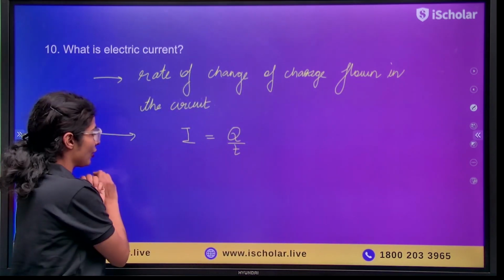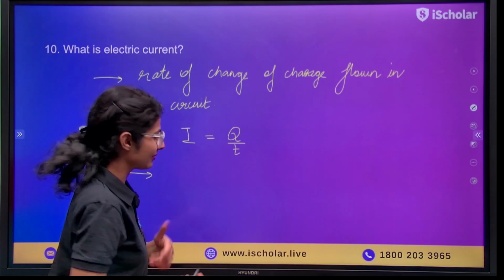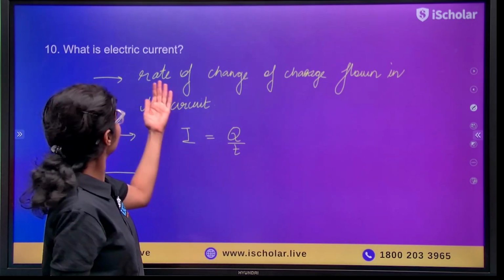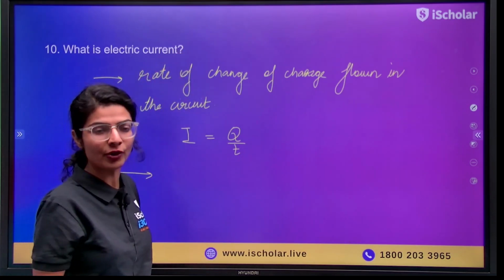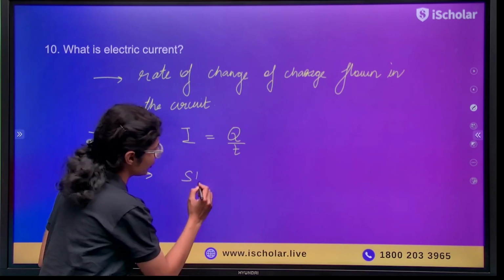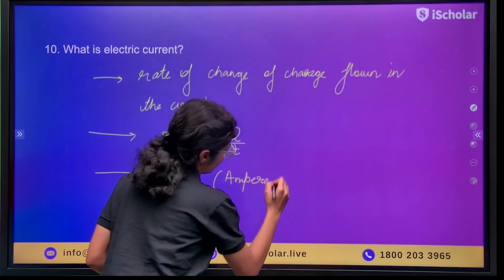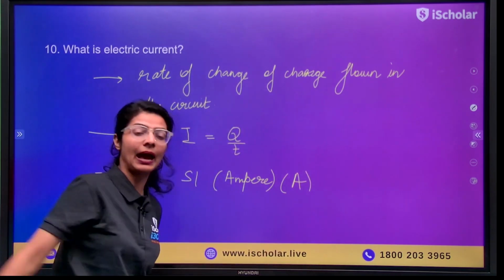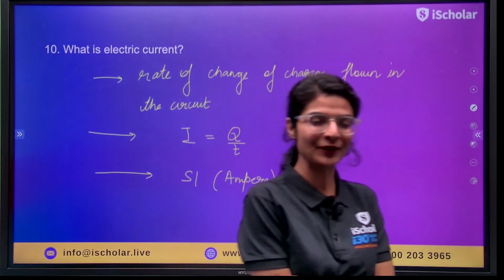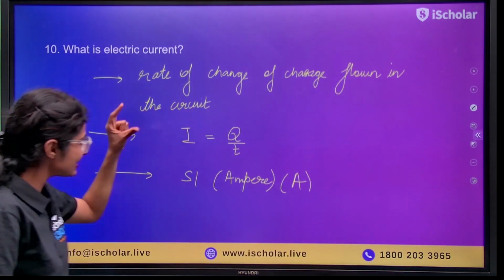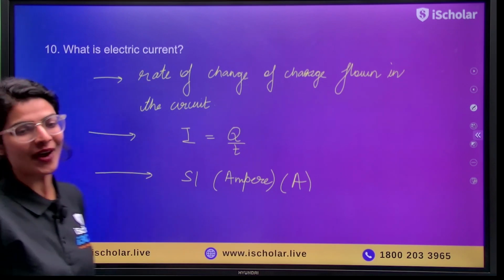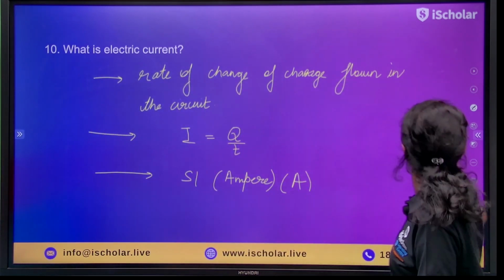The third thing, which will make your answer very good, is to write the unit. If it is asked what is current, write the unit for current. That is, the SI unit for current is ampere. You'll write it by capital A. Okay. So by just adding these points, you can make your answer very good.